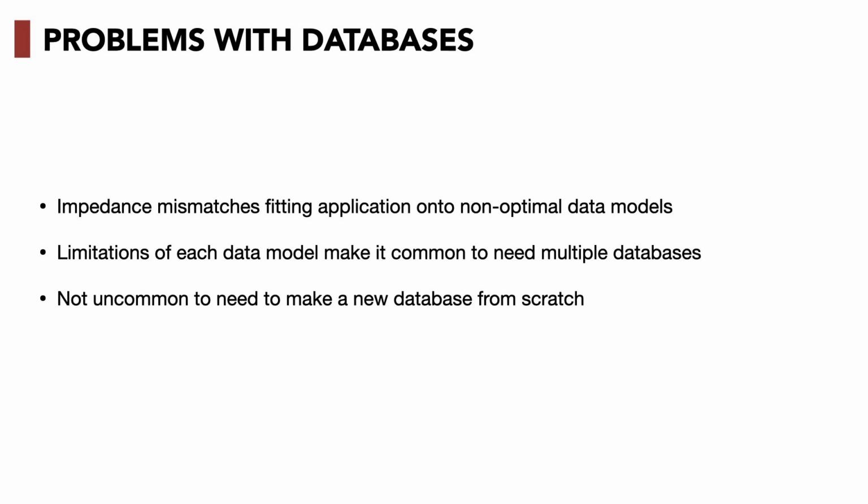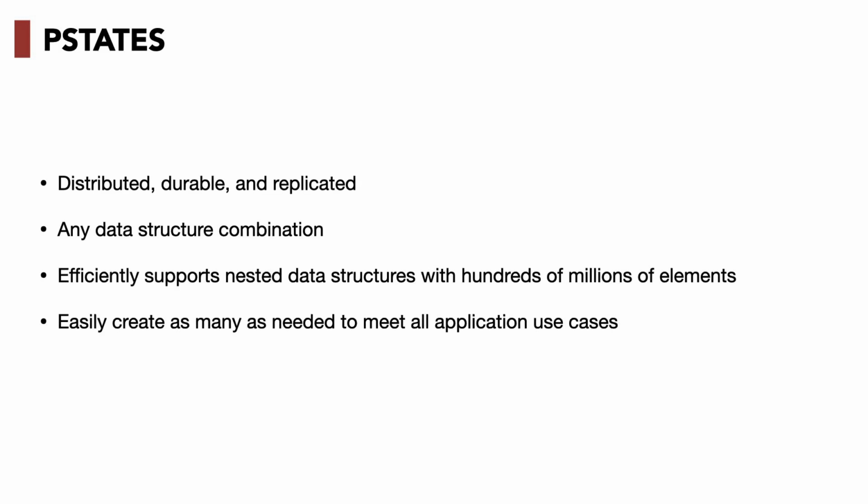If you can't fit a use case onto your database's data model, then you need to deploy another database with another data model. Deploying and maintaining multiple databases is expensive. If no database's data model fits your needs, then you might need to make your own database from scratch, which is extremely expensive and unfortunately not that uncommon.